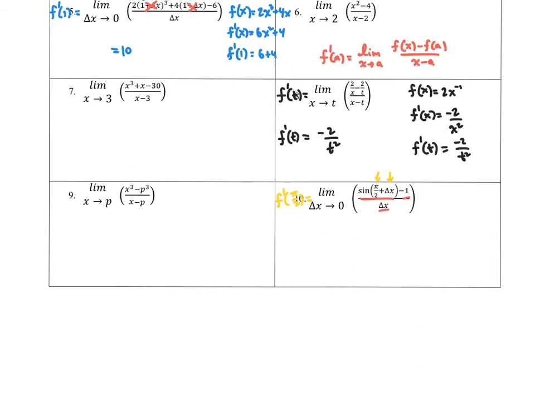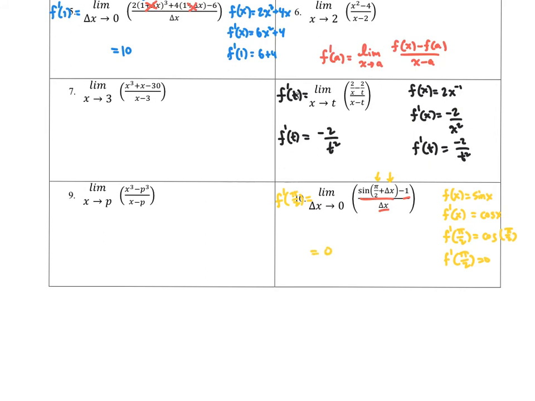What is f of x? F of x is sine x, and you may not know this yet, but the derivative of sine x is actually cosine x. So f prime at pi over 2 is equal to the cosine at pi over 2, which happens to be 0. Therefore, this limit would evaluate to 0.